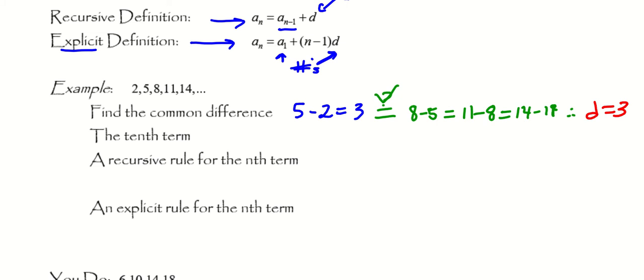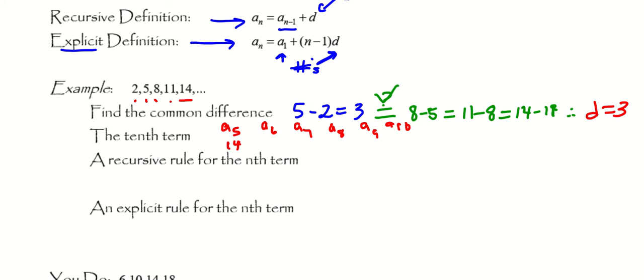Which means I could find the 10th term by just adding 3. So let's look at what we do. We know that the 1, 2, 3, 4, 5th term is 14. So my 5th term is 14. And I want to get to the 10th term, which means I'm going to have to come through the 6th term, the 7th term, the 8th term, the 9th term to get finally to the 10th term.